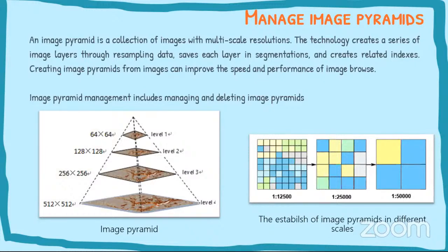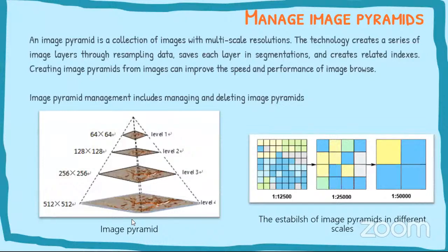As you can see in the figure on the screen, in the image pyramid shown, the bottom one is the original highest resolution image, which is 512 times 512.